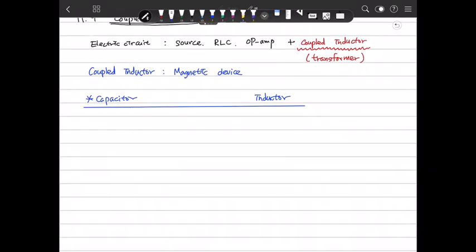A capacitor stores energy in the electric field, and an inductor stores energy in the magnetic field.